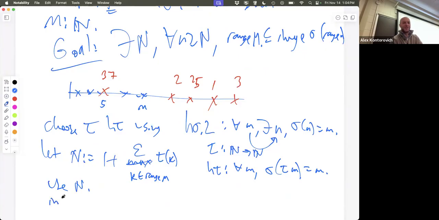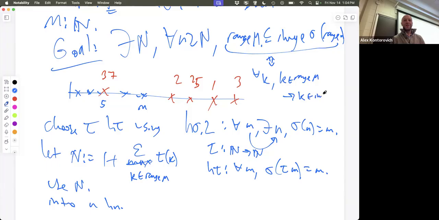intro n hn. Okay, now we have to prove that one set is contained inside the other set. Have we talked about how to do that? The definition of one set being contained inside another set is that for all elements of this set, so this is equivalent to, for all k in range m implies k in image sigma of range n.